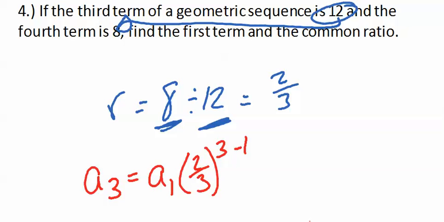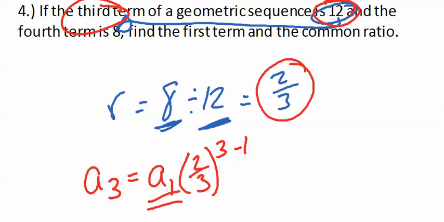To find the first term, then, we can just do a basic substitution into that formula. We know that the third term of the geometric sequence is 12, and we know that the ratio is 2/3. So we'll substitute in the third term with 12, and then we'll just solve for the first term.